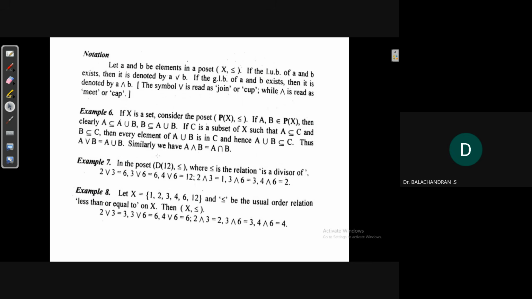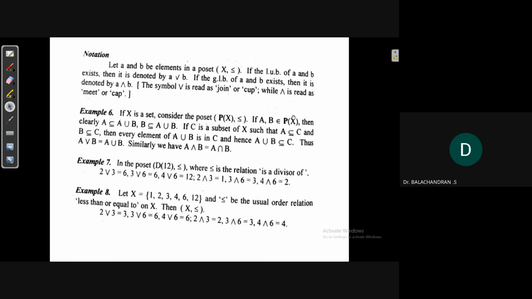Here in this example, X is a set, and they are considering the poset P(X), the power set of X, with ≤ as the subset relation.